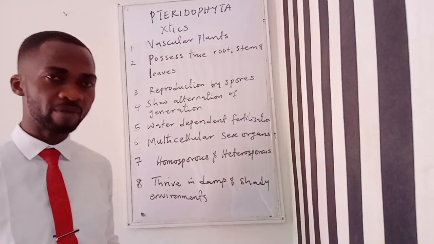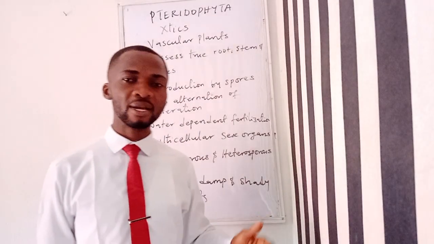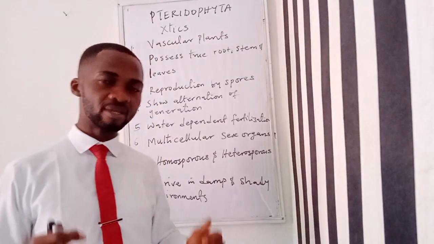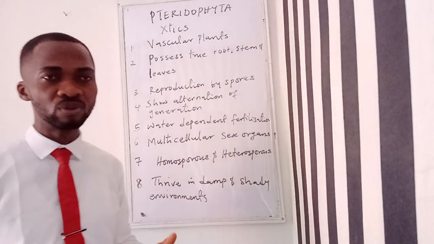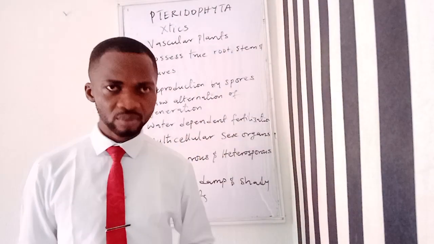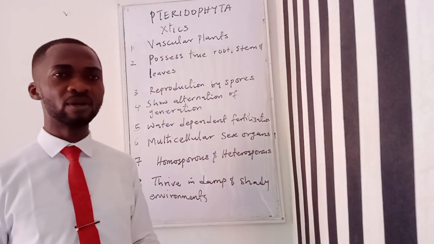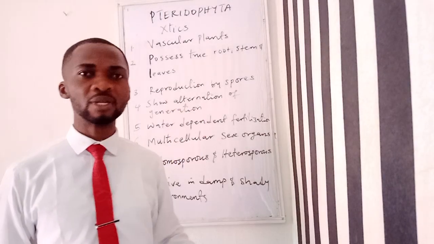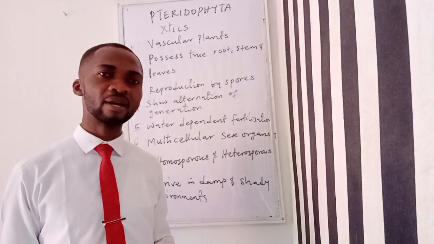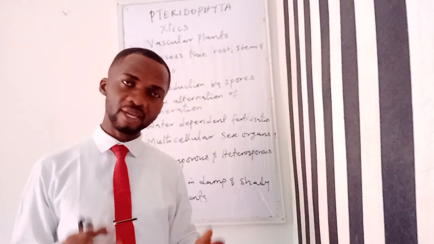When we studied bryophyta, I remember vividly that I said they do not have true roots, stem, and leaves, even though they have structures resembling them, but we can't comfortably or clearly say that a bryophyta has roots, stem, or leaves.